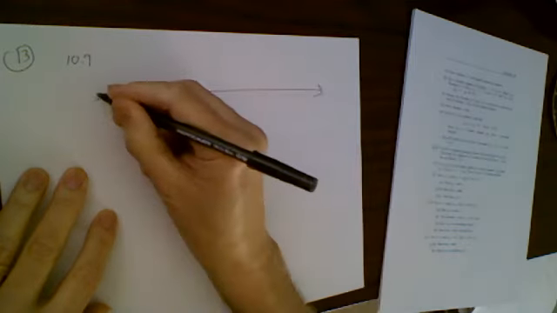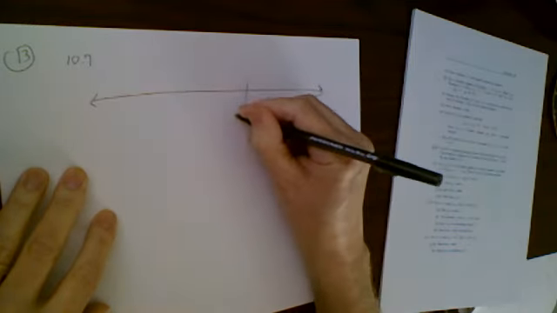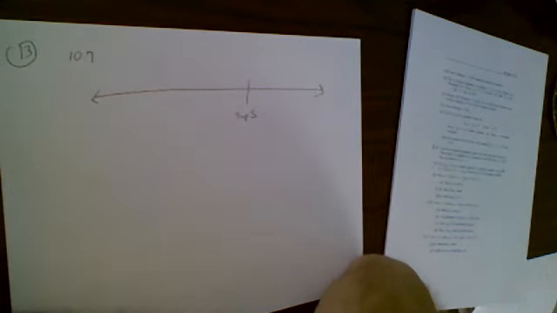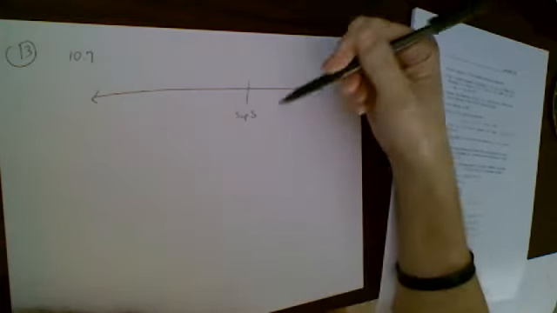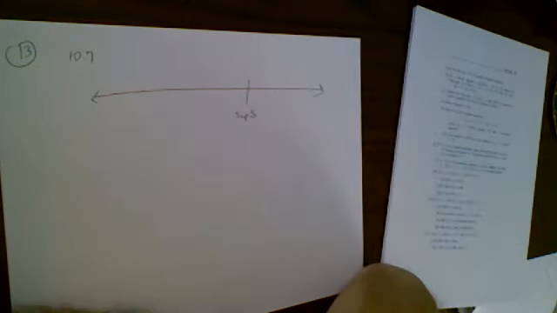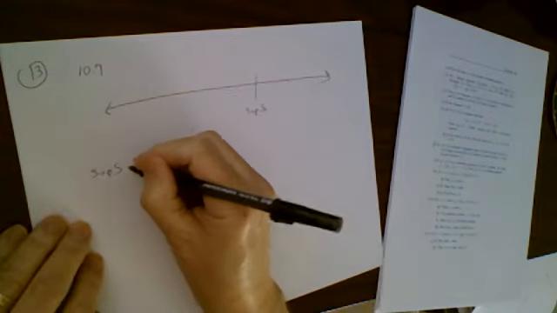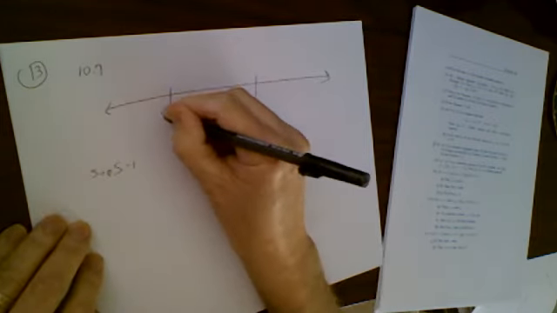picture. Okay, here's the sup of S on the number line. So again, since the set is bounded, this is the least upper bound. No smaller number is an upper bound. So let's look at sup of S minus 1.